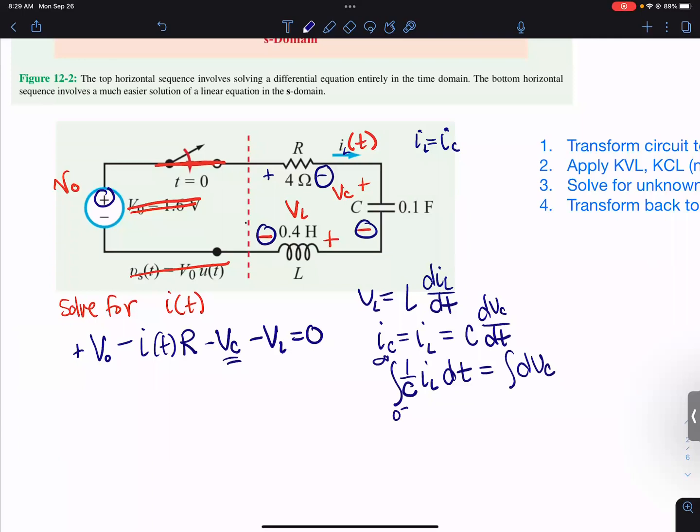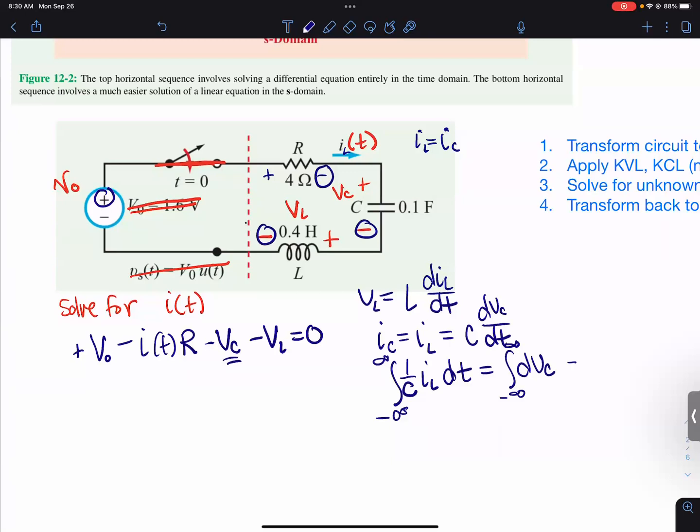So in order to do that, this is going to be from minus infinity to infinity. And then if we change the variables on that, it's going to be 0 minus to infinity. I'll just leave it at that for now. Okay, and then taking this from minus infinity to infinity.